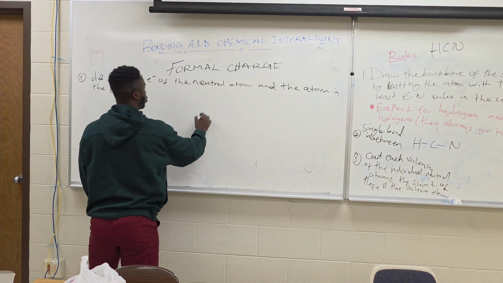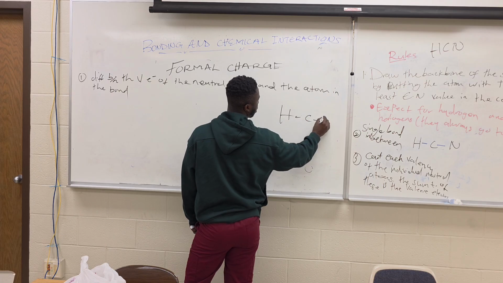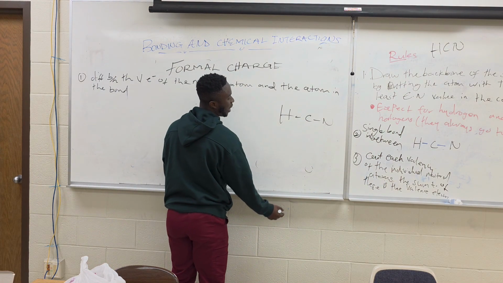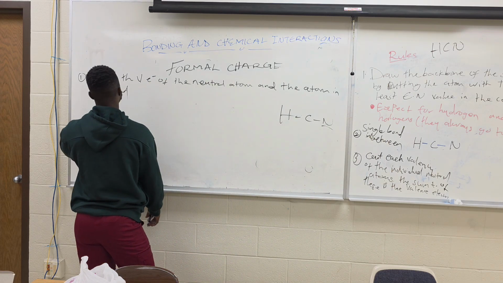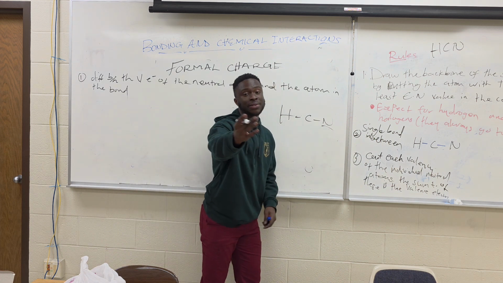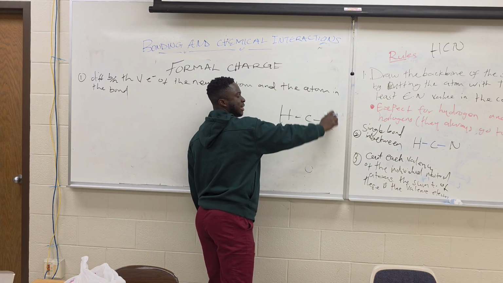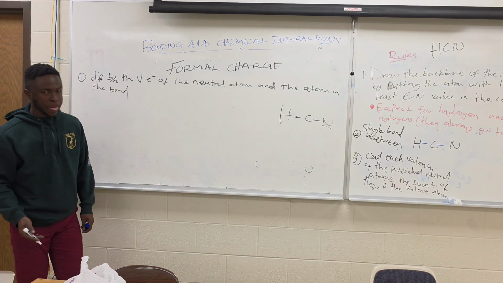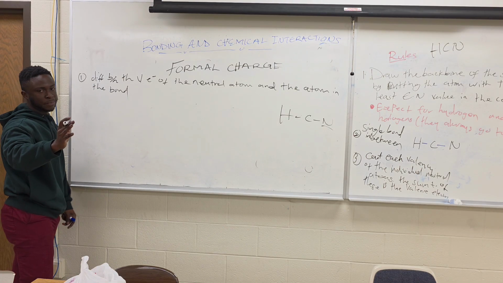Let's use HCN again. If you are tasked to find the formal charge of nitrogen, for instance, it will be the difference between the valence electrons of the neutral atom, which for nitrogen is 7, and the bonded atom, which is 8 in this case. That will give you plus 1 or minus 1. But this is just a nuance, refrain from using this, right?